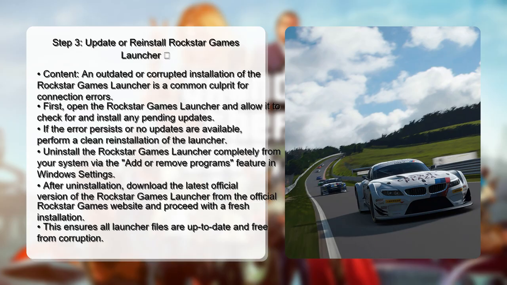You can uninstall the Rockstar Games Launcher completely from your system via the Add or Remove Programs feature in Windows settings. After uninstalling, download the latest official version of the Rockstar Games Launcher from the official Rockstar Games website and proceed with a fresh installation. This ensures all launcher files are up to date and free from corruption.